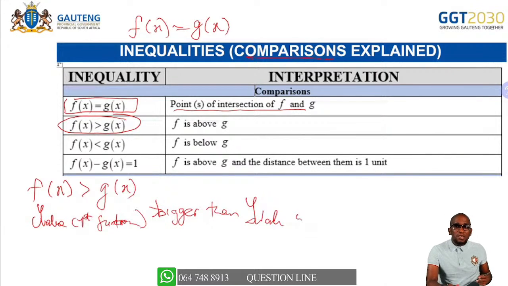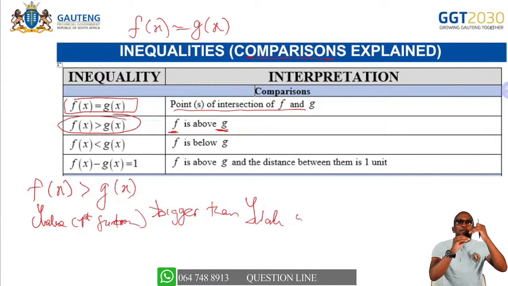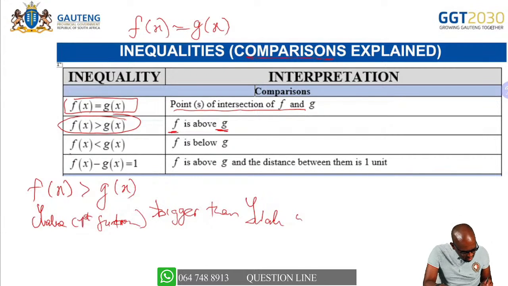What does that mean? It means that f should be above g. So you're going to check on your region of functions, where is the graph of f above the graph of g. But when they say f of x is less than g of x, they are looking for a region where the graph of f is below that of g.